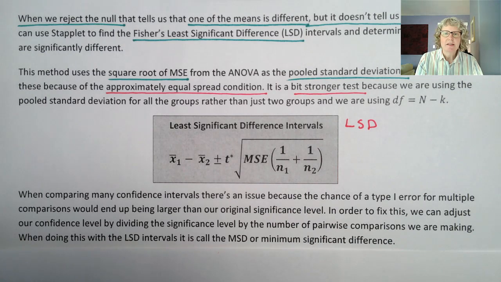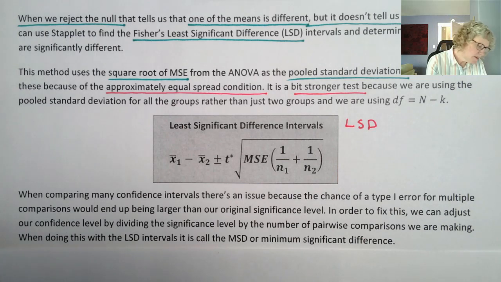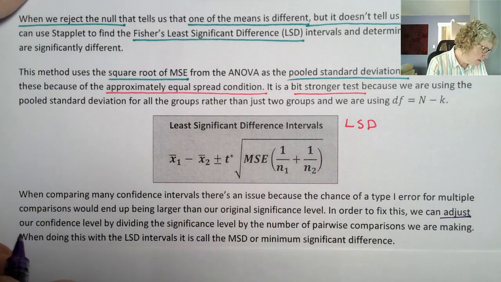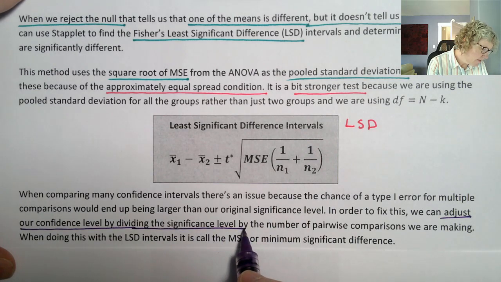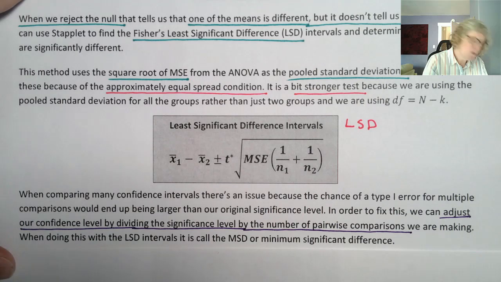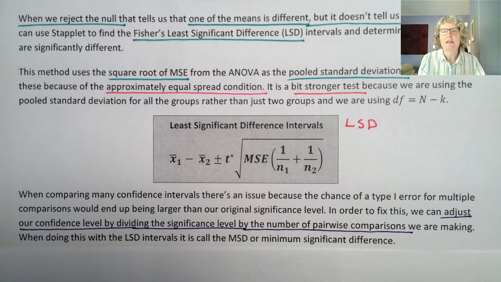So that just doesn't quite match up to a significance of a one-tail test of 5%, right? So it's kind of a mismatch, okay? So in order to fix this, we can adjust our confidence level by dividing the significance level by the number of pairwise comparisons we're making, the number of intervals we're making, okay?